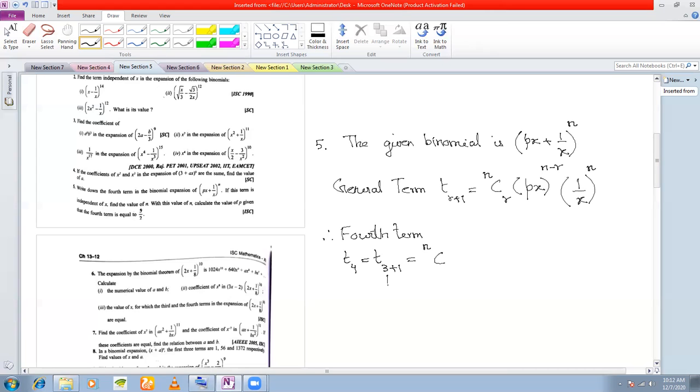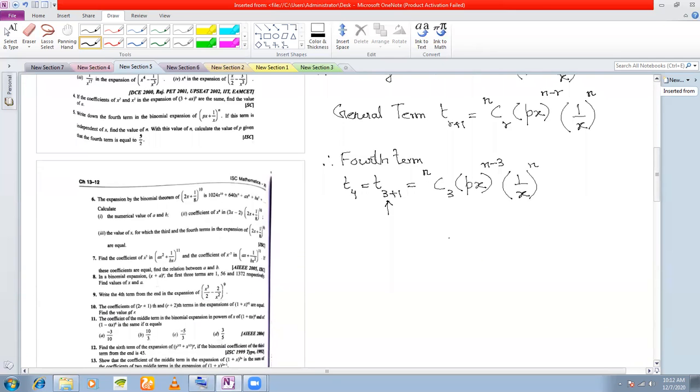C. What is r here? r has become 3. So nc3 px as it is to the power of n minus 3, and 1 by x to the power of n. You can simplify this a little further because we have to work with this later on.